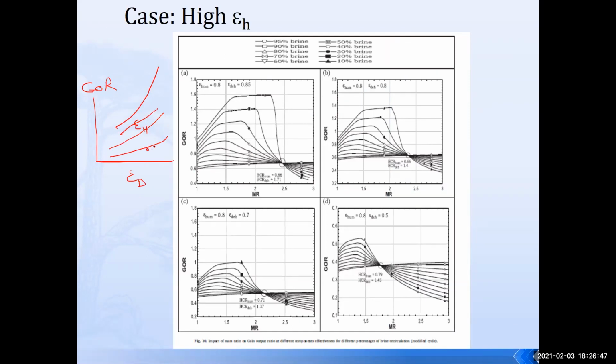So this effectiveness is 0.5, 0.6, 0.7, 0.8, like that, roughly. Then the higher the effectiveness, the higher the value of the GOR for the dehumidifier. For the humidifier, the same thing. If you move the humidifier from 0.6, 7, 8, 9, that's basically what you are going to get. You are going to have higher GOR with higher effectiveness. What about the dehumidifier effectiveness for a certain humidifier effectiveness?